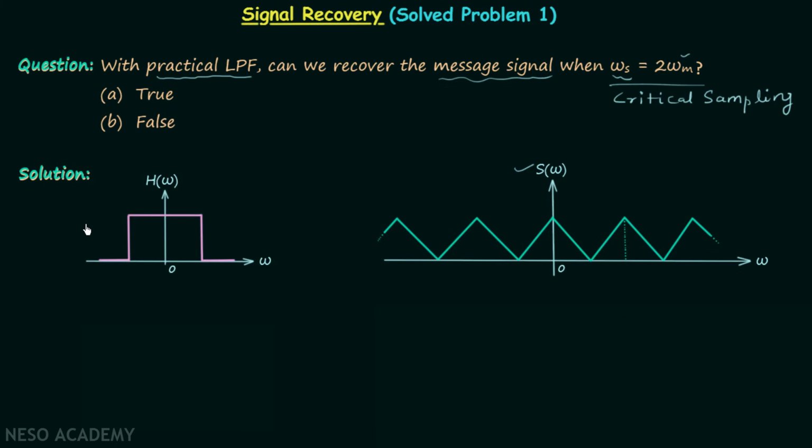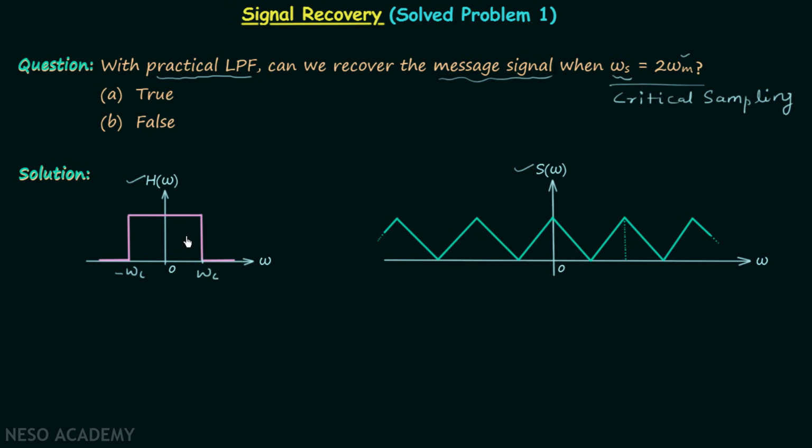In the previous lecture, we saw that the frequency response H(omega) of a practical low-pass filter will look like this. This frequency here is equal to omega c, which is the cutoff frequency. This frequency here is equal to minus omega c, and from minus omega c to omega c, we call this the pass band.